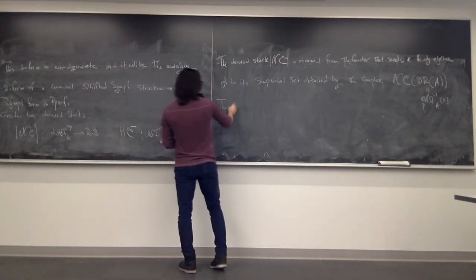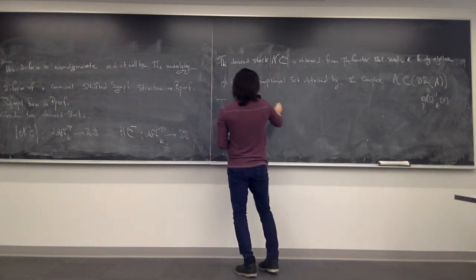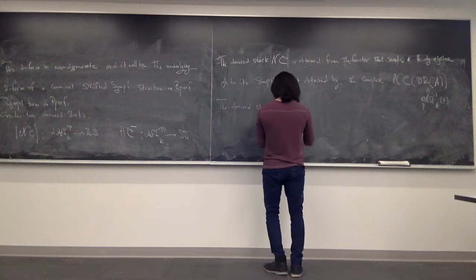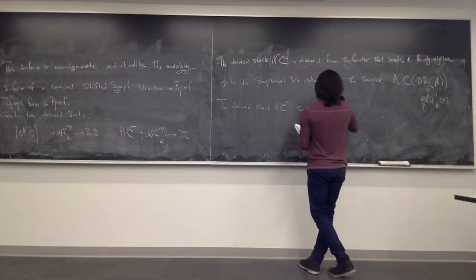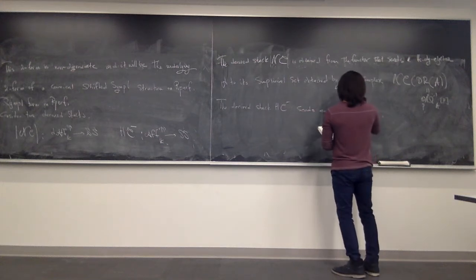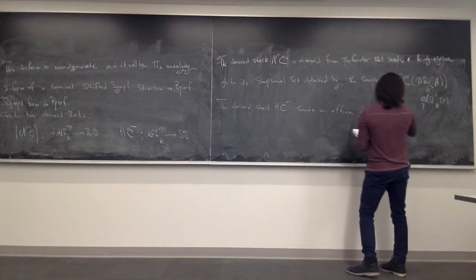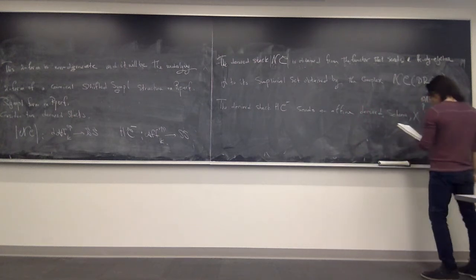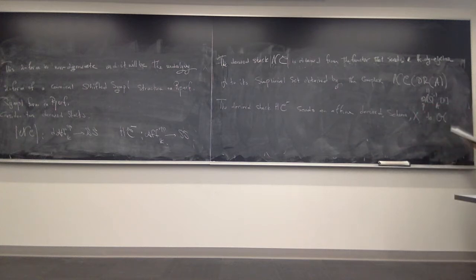The other one, the derived stack HC, sends an affine derived scheme, let's call it X, to the global functions on the loop stack of X which are S1 homotopy invariant.